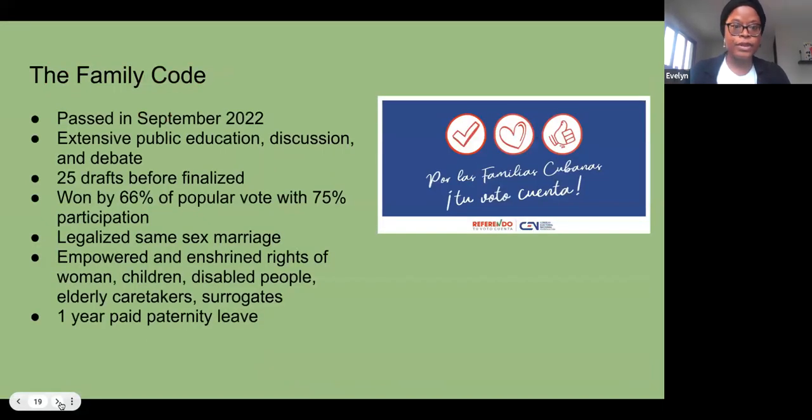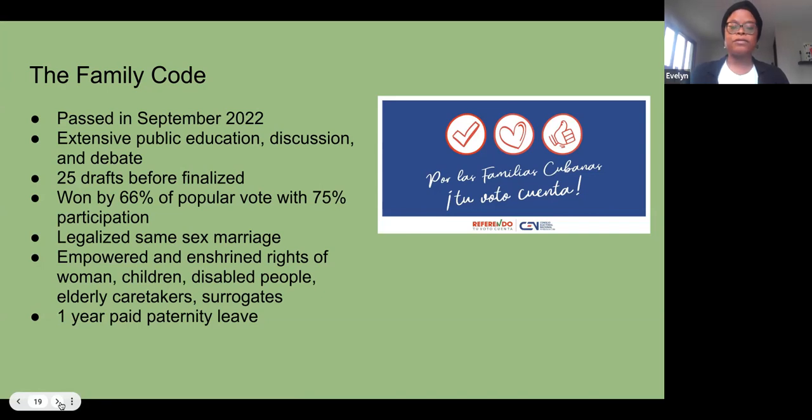In September, actually September 25th of last year, the family code was passed by referendum. This was a code that was developed through a long process of writing, drafting, and amending. It went through 25 revisions over the course of 3.5 years. It was initially introduced in 2019.